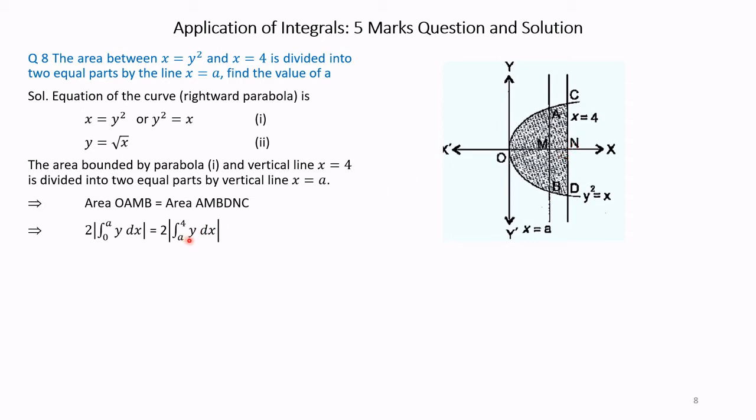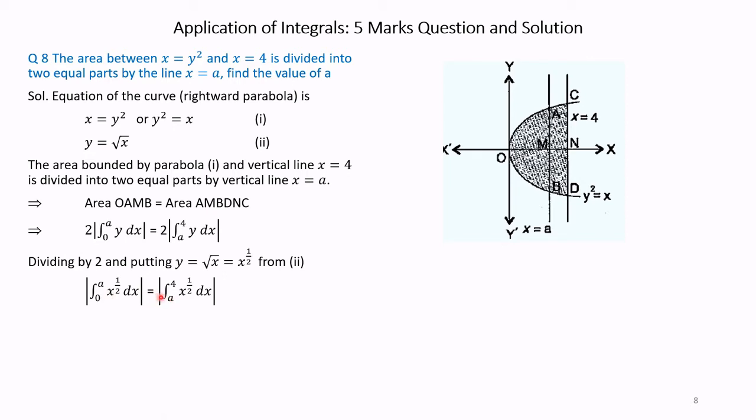So we have put the limit as y into dx. Therefore, dividing by 2 and putting y is equal to root of x from equation 2, that is x to the power of half, we can put y is equal to x to the power of half into dx.